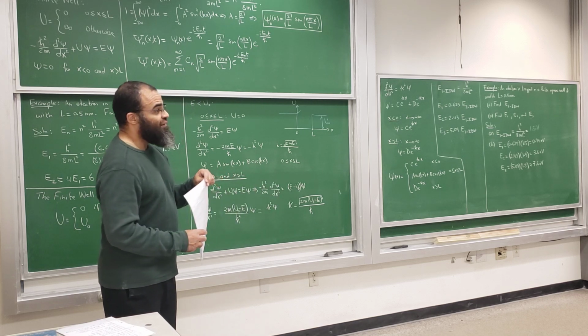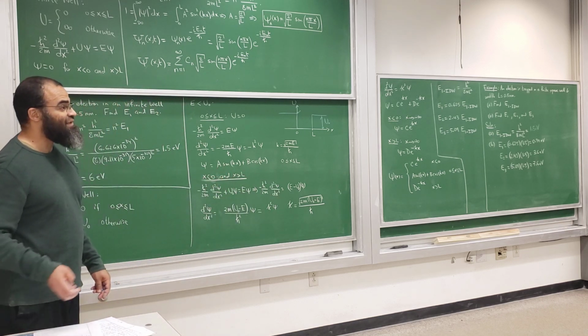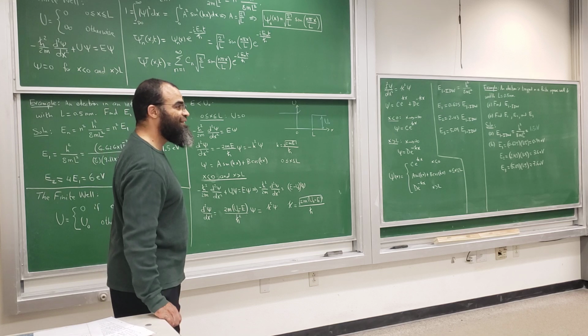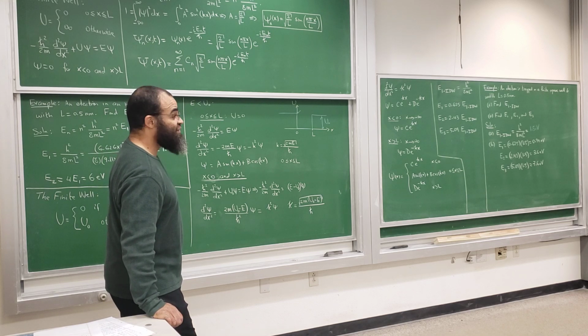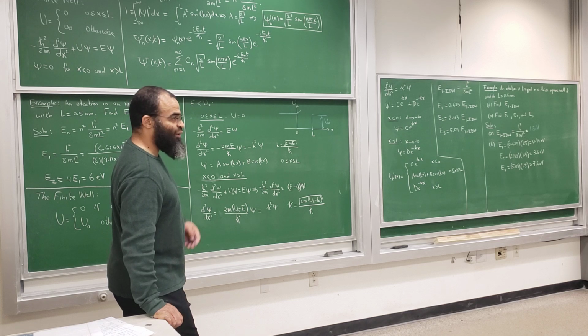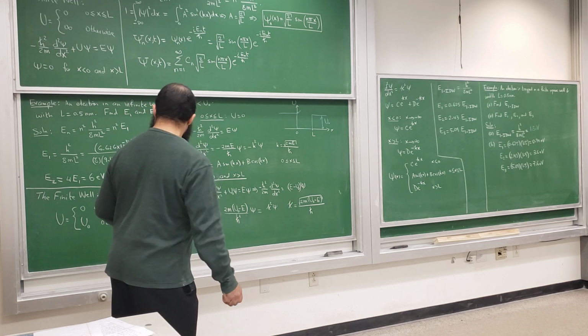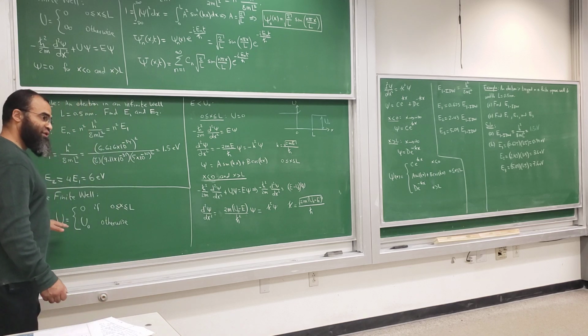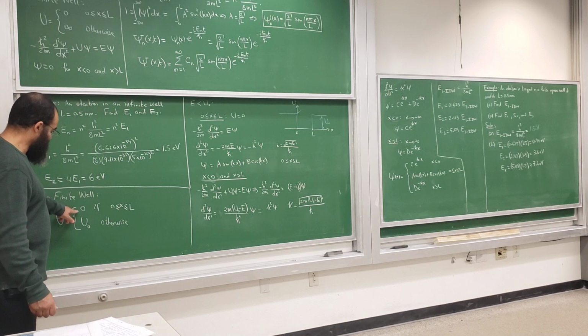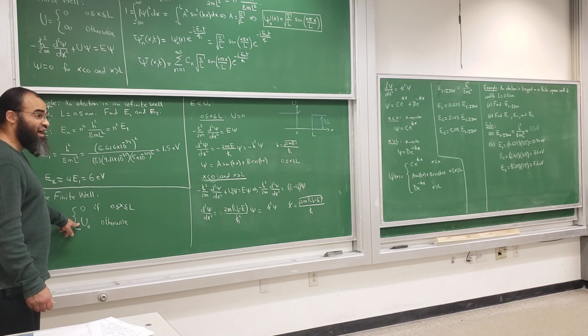So that's the finite well. Yes? What is a well? These are terms that we borrow from everyday life. In here, it's just a mathematical function, as far as we're concerned, that is 0 and then has a certain height.